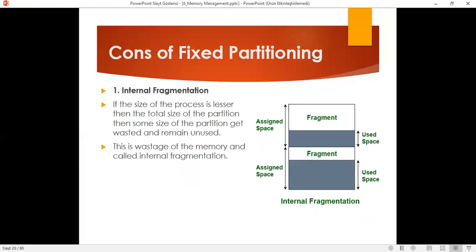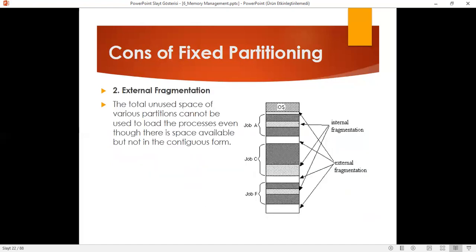Cons of fixed partitioning is internal fragmentation, I told you. External fragmentation. So the external fragmentation is the total unused space of various partitions.